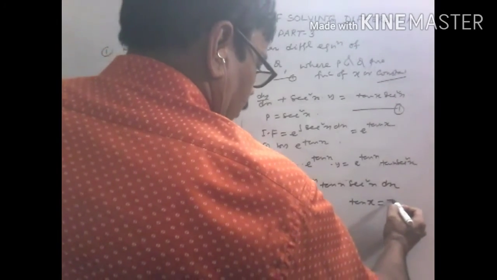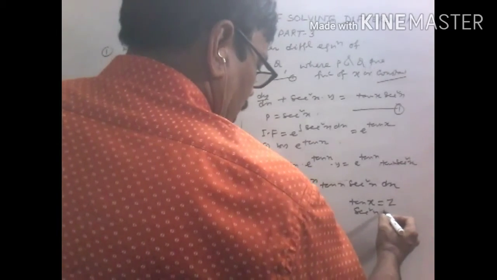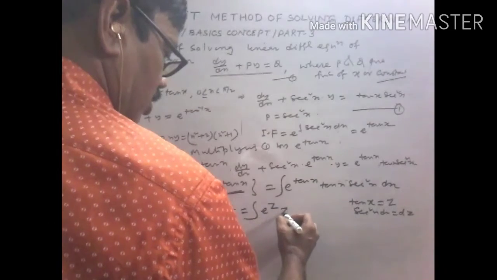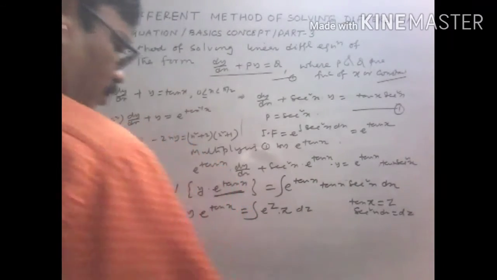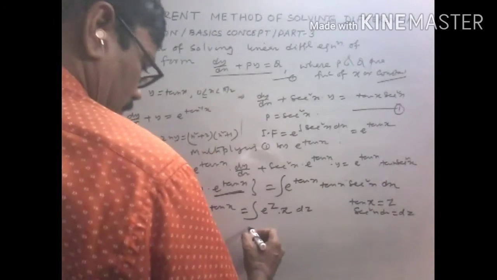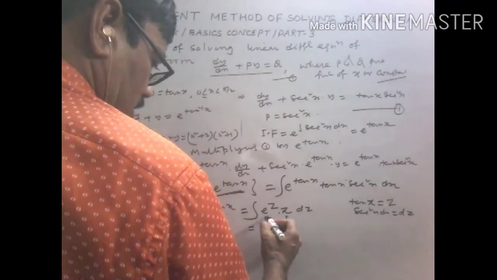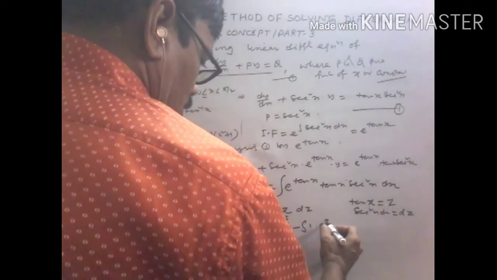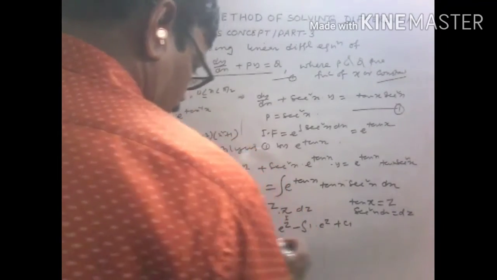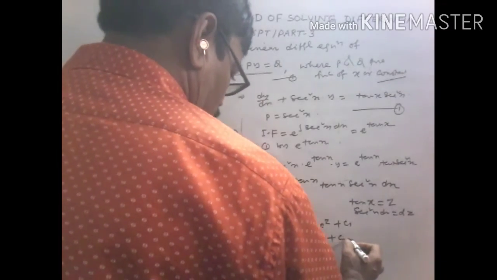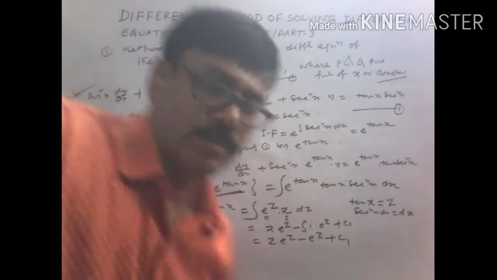Now let tan x equal z. So sec square x dx equals dz. So it is integral of e to the power z into z dz. If we integrate by parts, this is the first function and this is the second function: z e to the power z minus e to the power z plus c1.